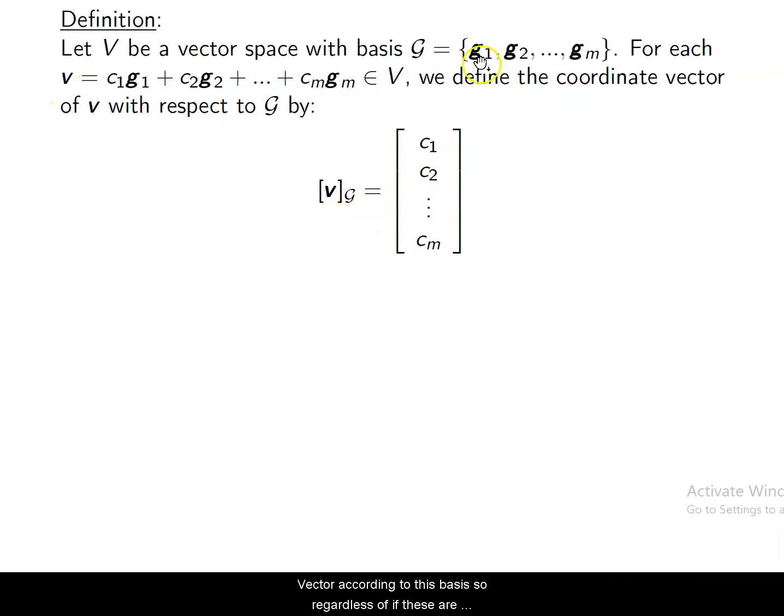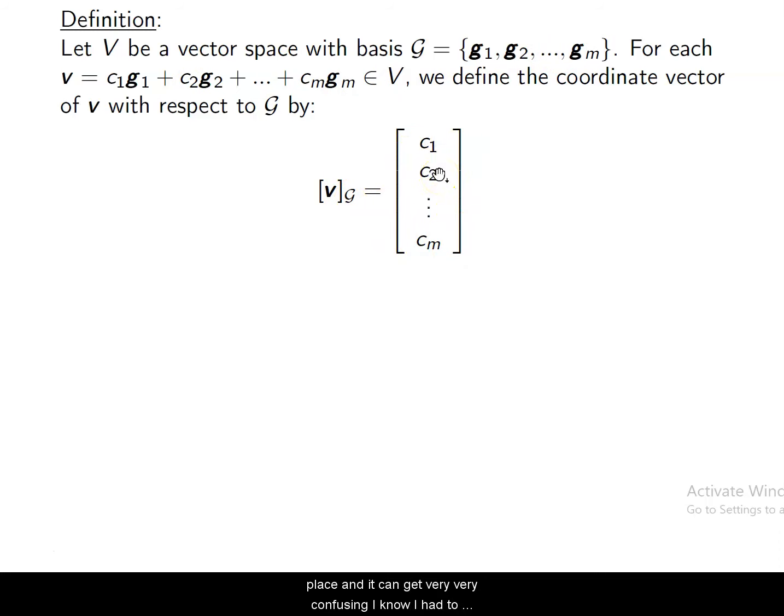So regardless of if these basis vectors are functions or matrices, your representation under that basis will always be the scalar values that represent the linear combination of these basis vectors for that vector in that basis. It's very important that you understand that, because we're going to use this all over the place and it can get very confusing.